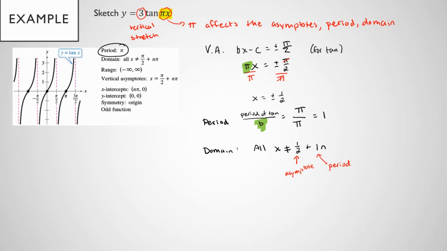So once I figured out my vertical asymptotes, my period, and my domain, if there's no horizontal or vertical shifts, I can start getting my, so I'm going to draw my axis. And then instead of labeling them with pi over 2, I'm going to make it easy for myself, and I'm going to label it with 1/2 and count by 1/2 because the vertical asymptotes are at 1/2.